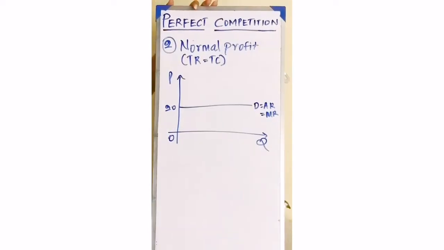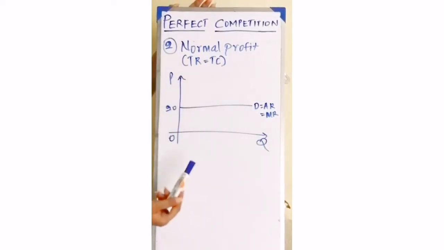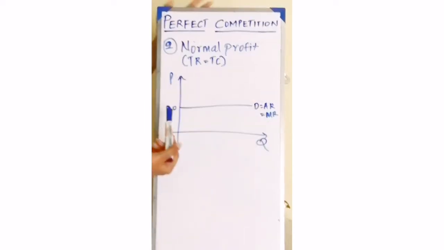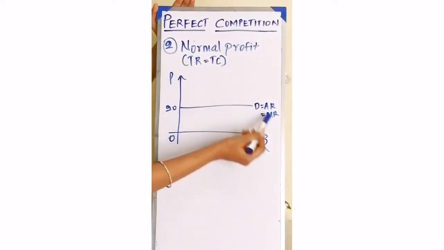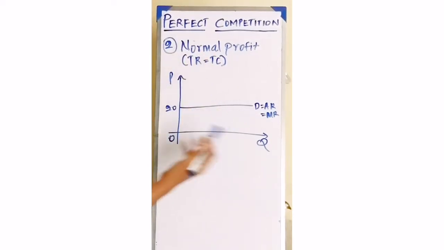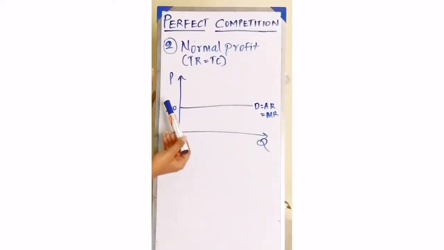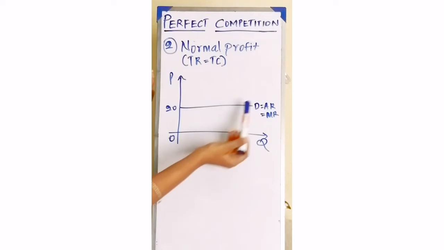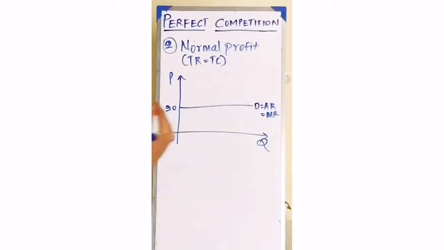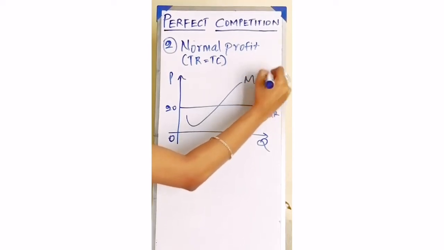The next situation is normal profit, where the total revenue is equal to the total cost. Again, the point where MR is equal to MC is the profit maximization point. First of all, we draw the price curve, the demand curve, where AR is equal to MR. Thereafter, we will draw the MC curve.